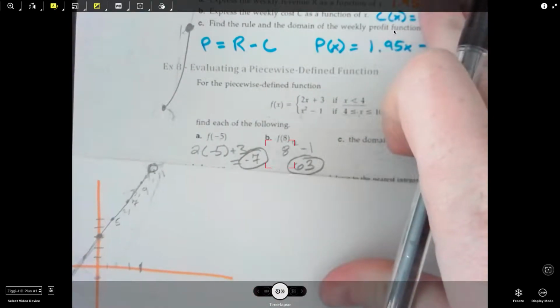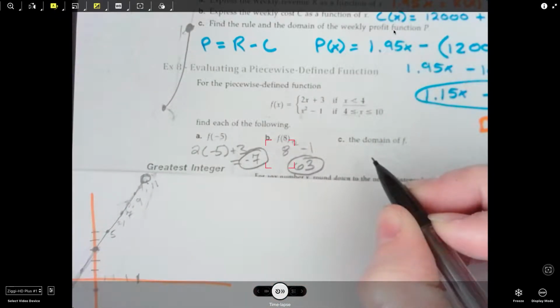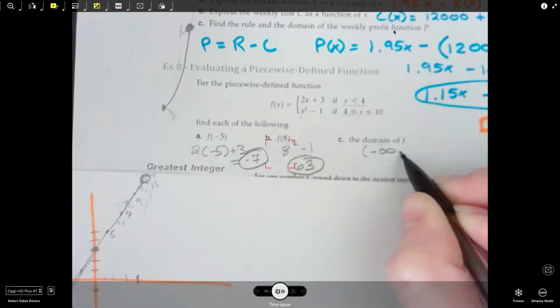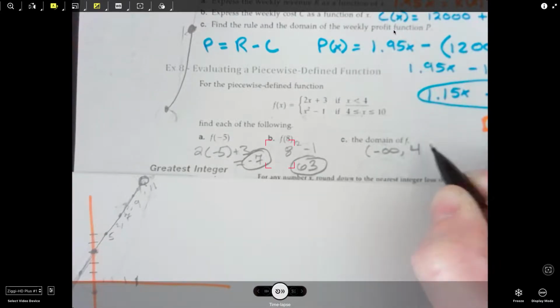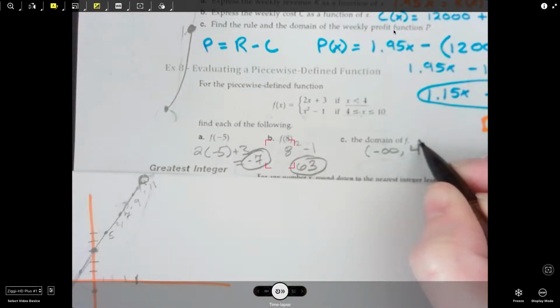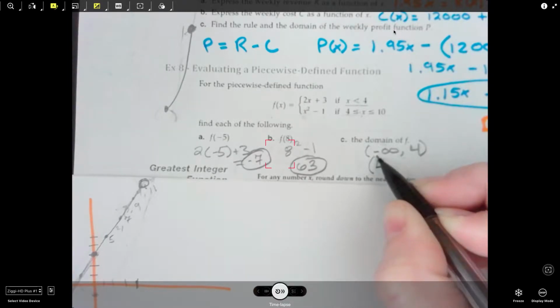Okay? So my graph goes forever and ever and ever in this direction. And this one might be easier to write in the interval notation. So it's starting at negative infinity and it's going to an x coordinate of 4. Should there be a bracket or a parentheses around that? Parentheses around that side. But then this guy is going from 4 on the x, to 10.